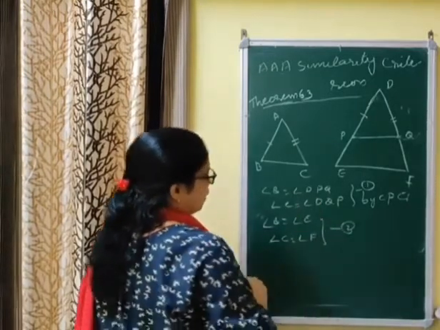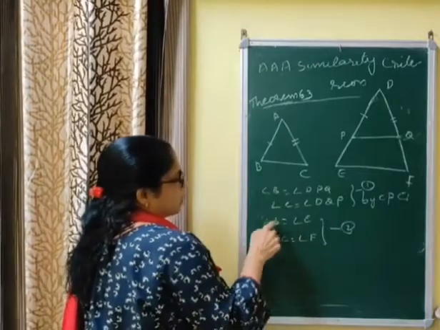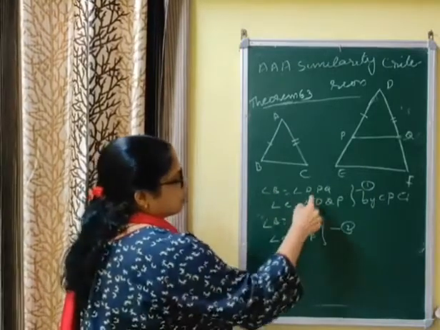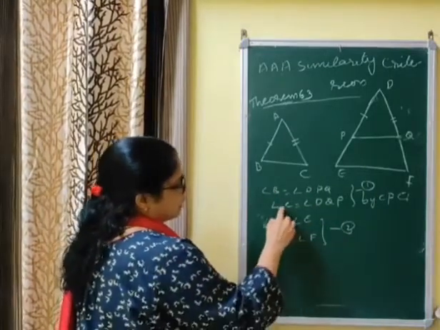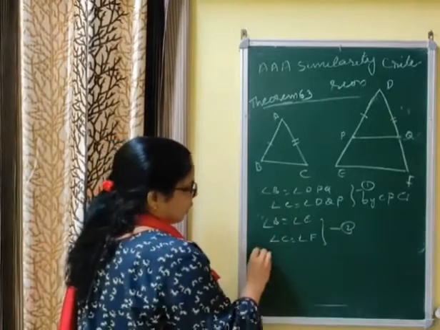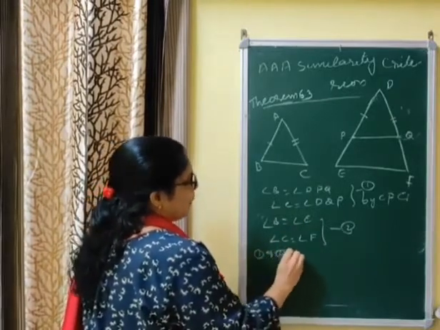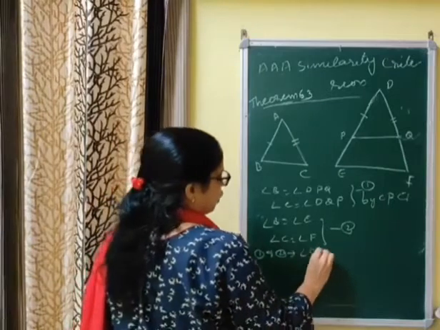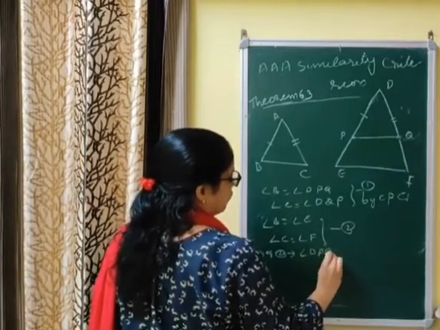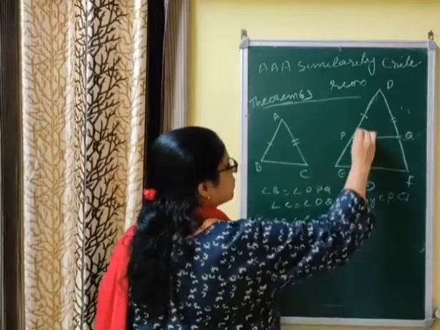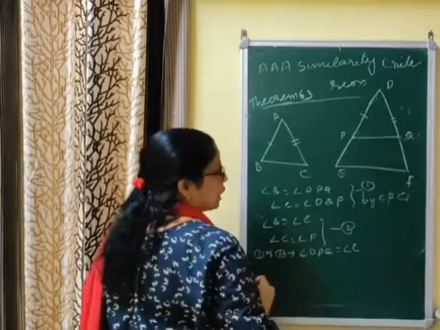1 aur 2 ka compare kar lijiye. B is coming common on the LHS, so these two angles are equal. And here C and C are common, so these two angles are equal. 1 and 2 give angle DPQ is equal to angle E, that means these two angles are equal.